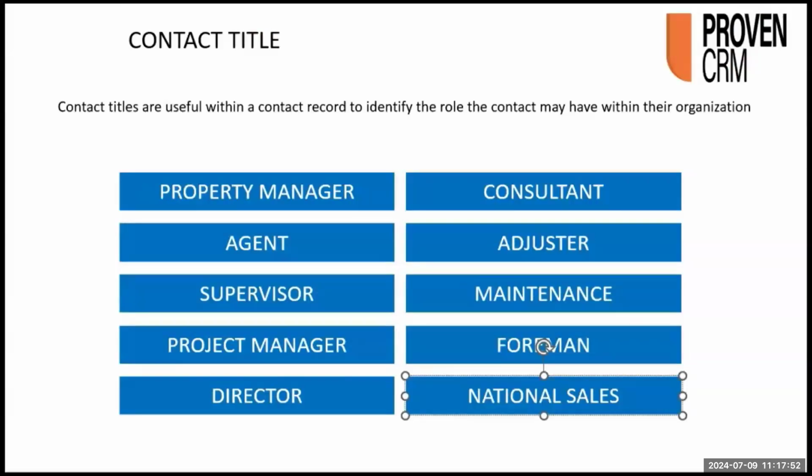Contact titles are useful information to denote the role that a contact may have within the organization. These titles are also useful for filtering on the contact lookup screen and within marketing campaign setup.